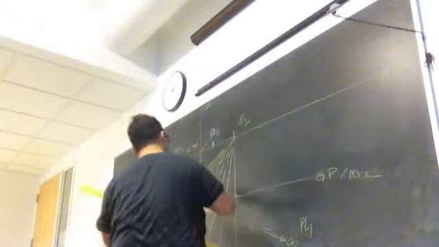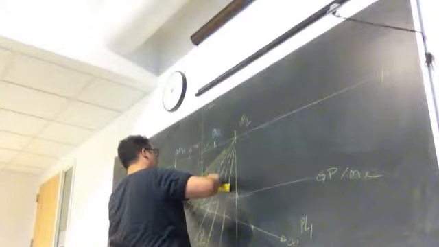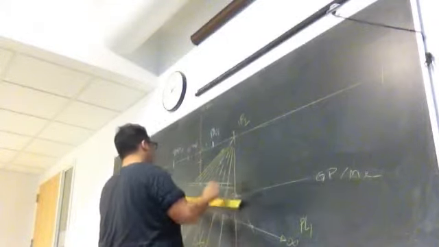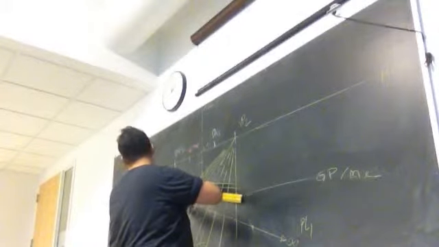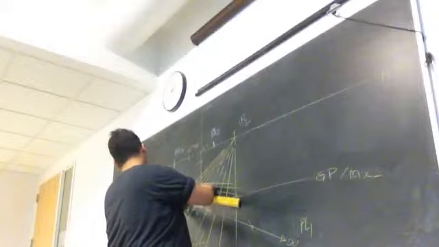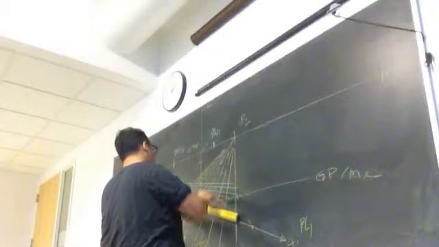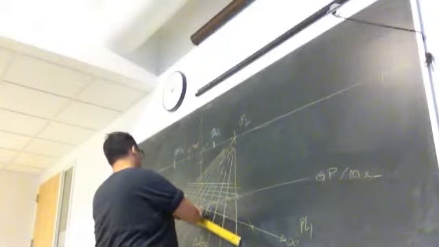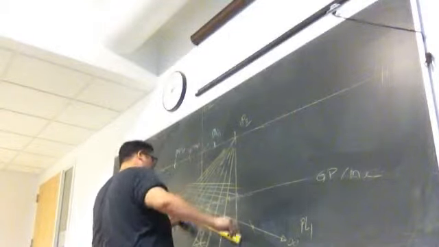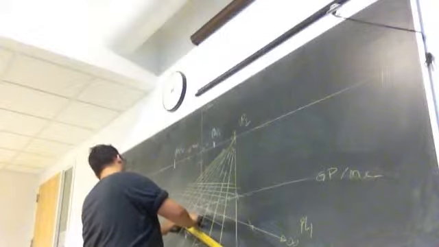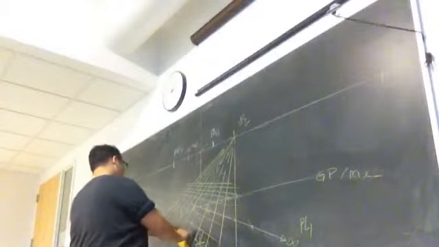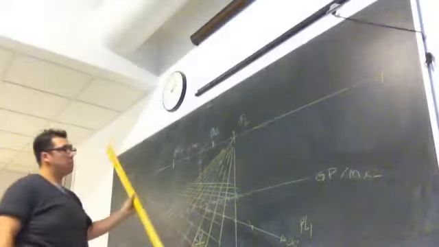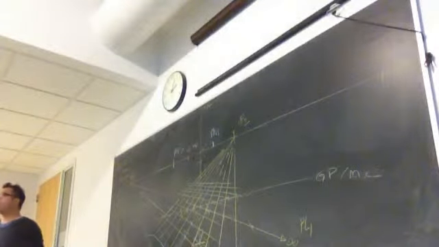So from these guys, I'm gonna connect to vanishing point one. Okay? You guys see your 2-point grid now?